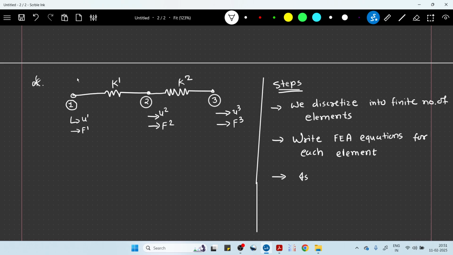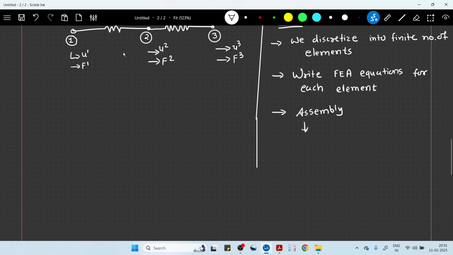Then we perform assembly, which we will see. After performing assembly, what do we get? We get a global system of equations. The main point about this global system of equations is that it also looks very much like the FEA equations of a single element.